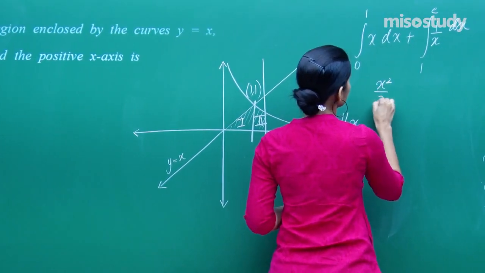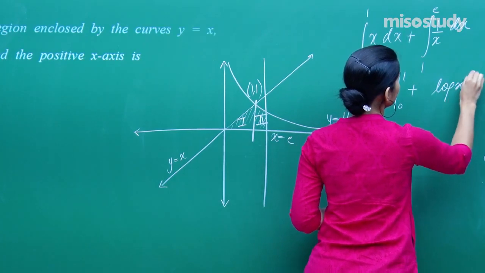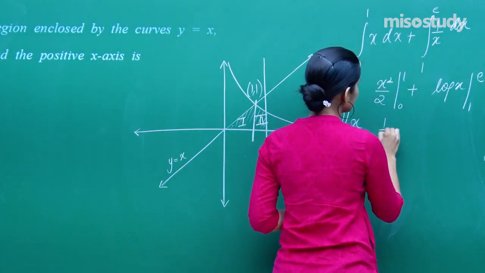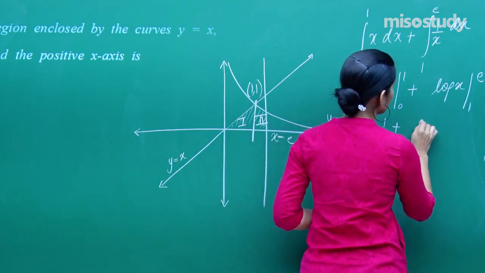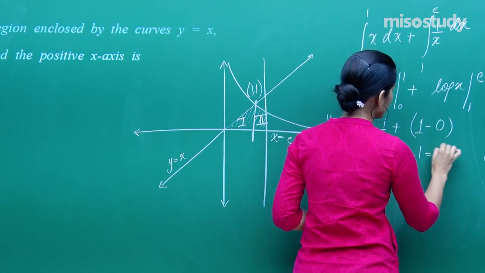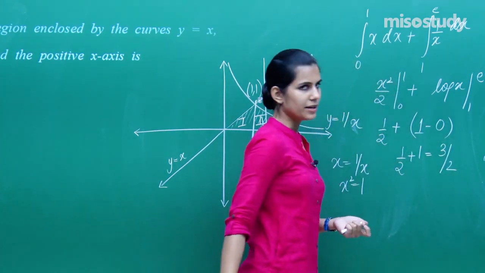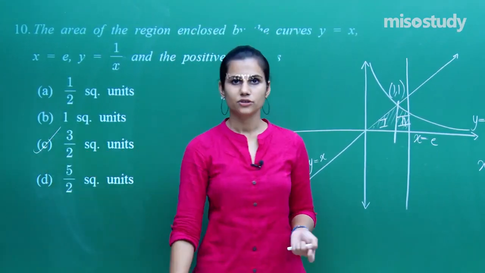This is x square by 2 from 0 to 1 plus log x from 1 to e. This is 1 by 2, log e is 1, minus 0. So you get 1 by 2 plus 1, which is 3 by 2. And your answer for this question is 3 by 2.